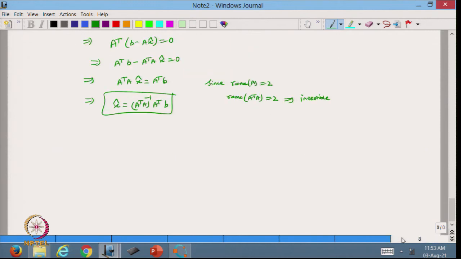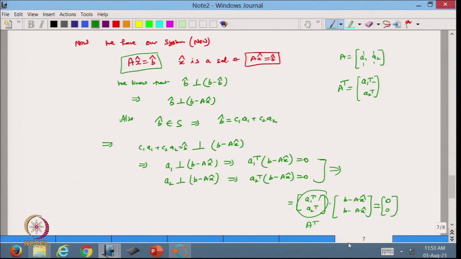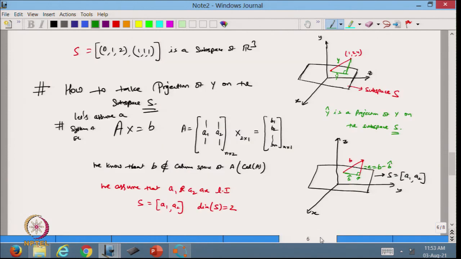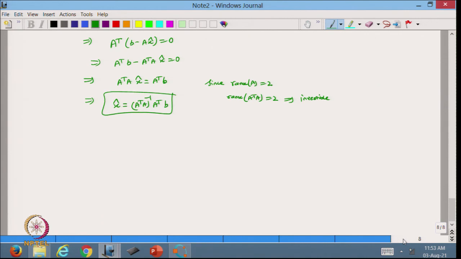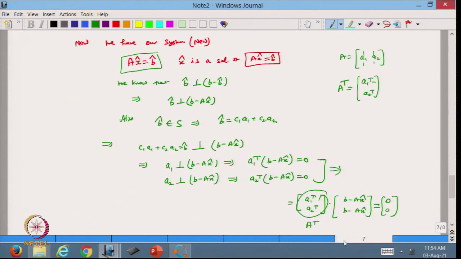Now from here you can see that b hat is equal to A x hat. So what is A x hat? A x hat I can write as A (A transpose A) inverse A transpose b, and that is equal to b hat, because we have already seen.